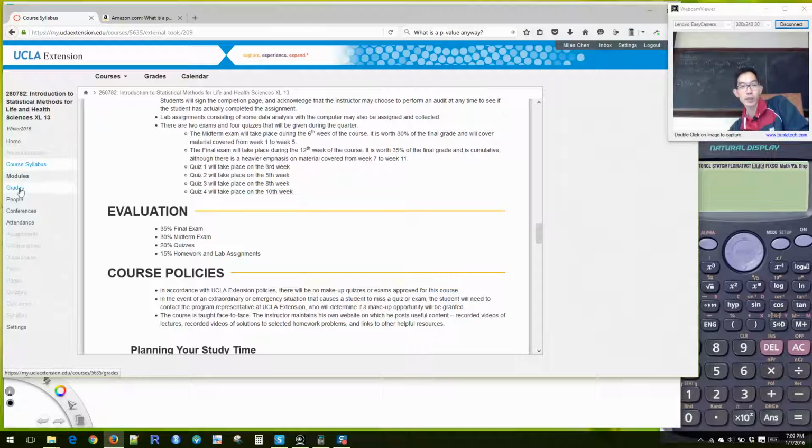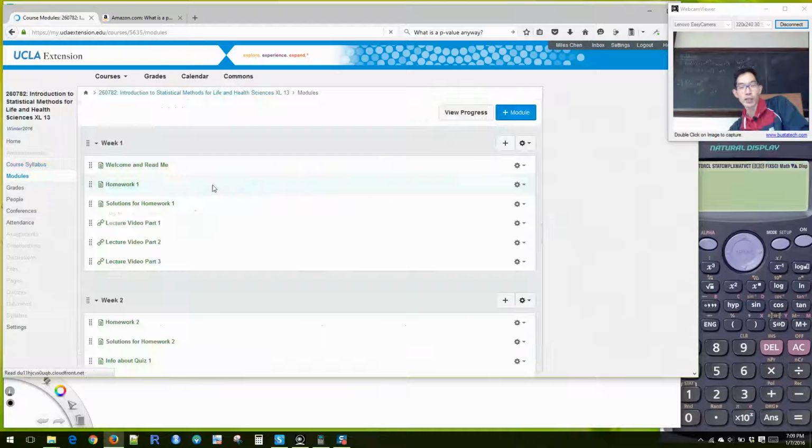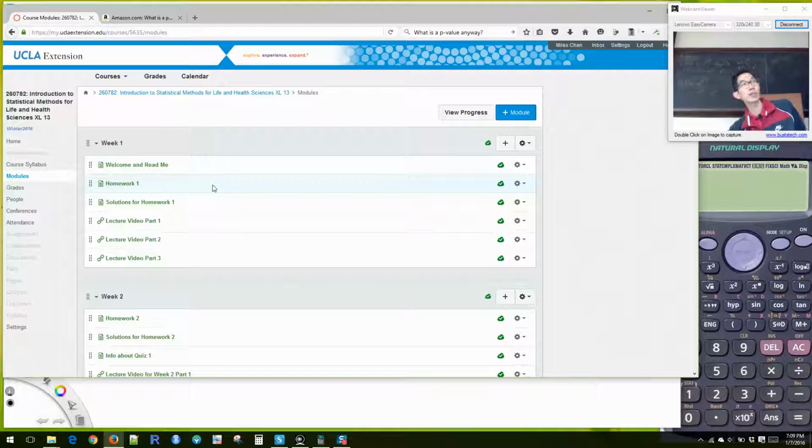I have homework listed, and homework will count for 5% of your grade, but I'm not going to actually collect homework, okay? So I assign it for you guys to do and learn from, but I'm not actually going to collect it, and at the end of the quarter, I'm going to just give everybody their full 5% for the homework. So the only thing you'll turn in will be the lab assignments, and that will count for 10%.